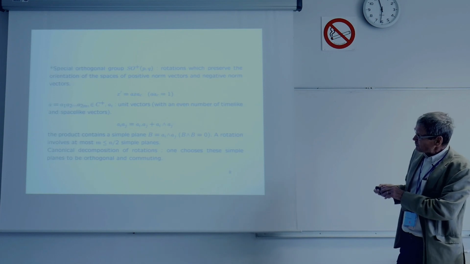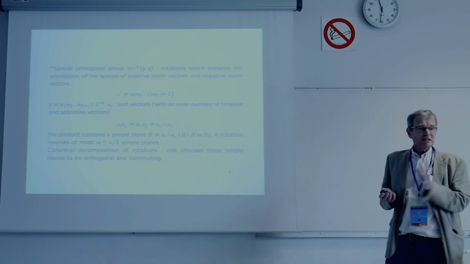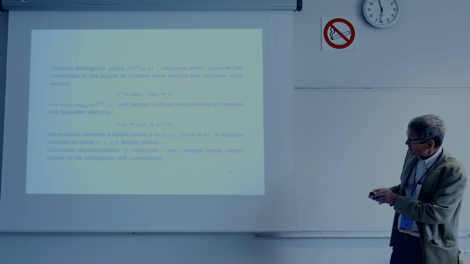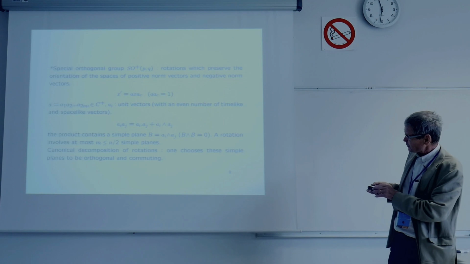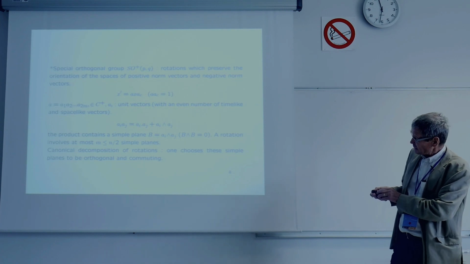So the A, via the Cartan theorem, is expressed as a product of vectors. It's an element of C plus, that is, a product of an even number of generators, with an even number of time-like and space-like vectors.